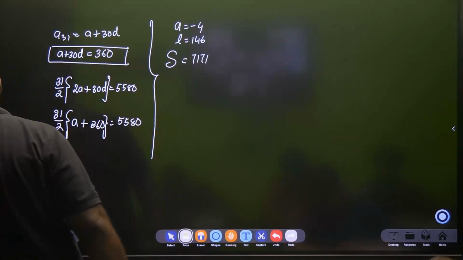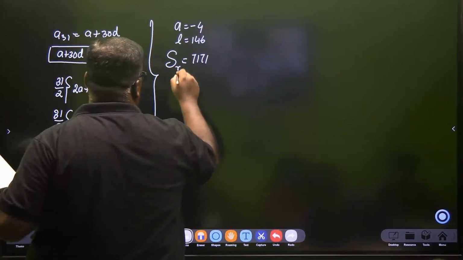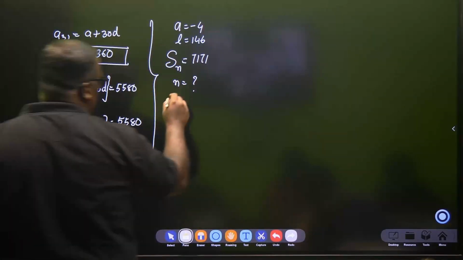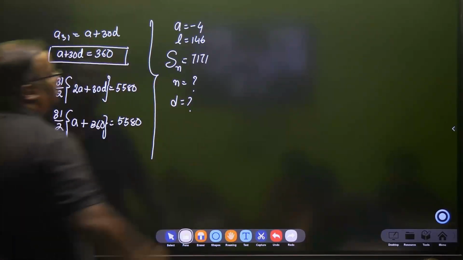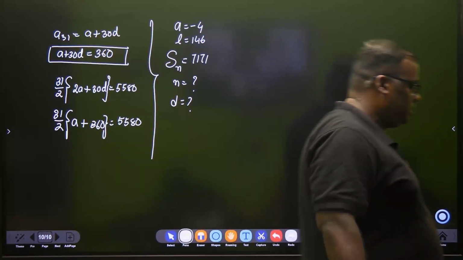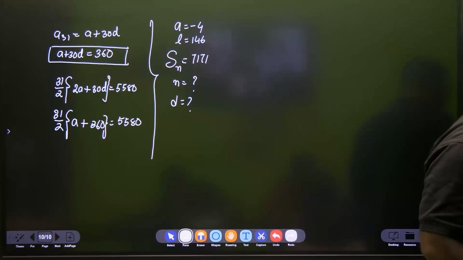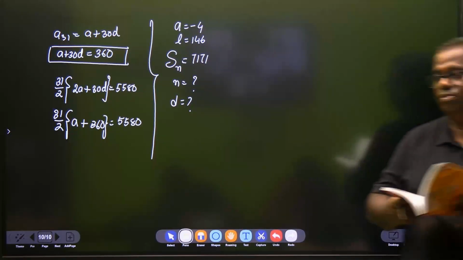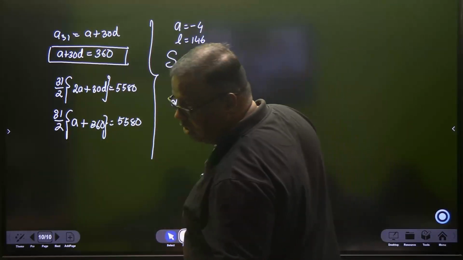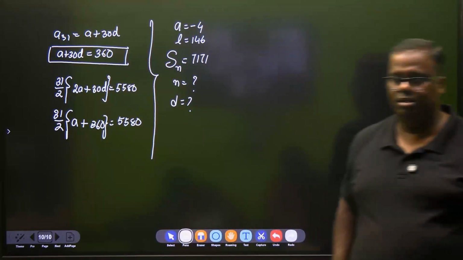The sum Sn is 7171, and you need to find n and also the d for this question.